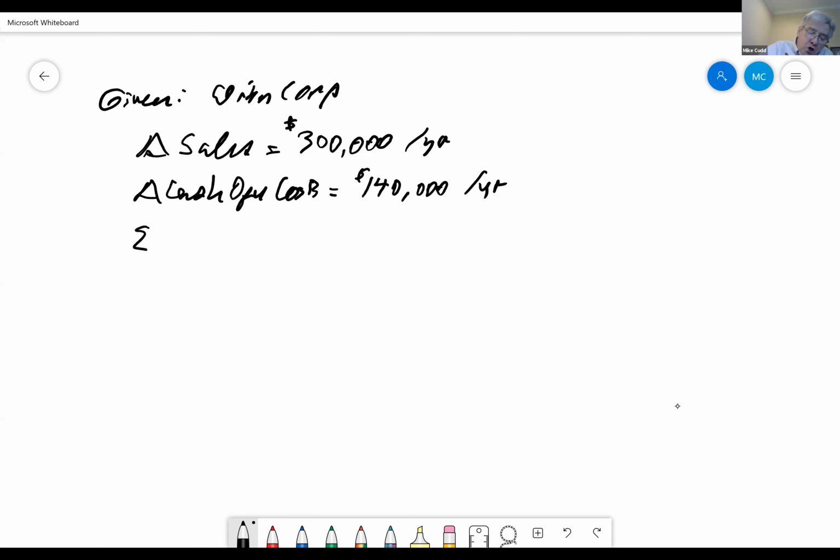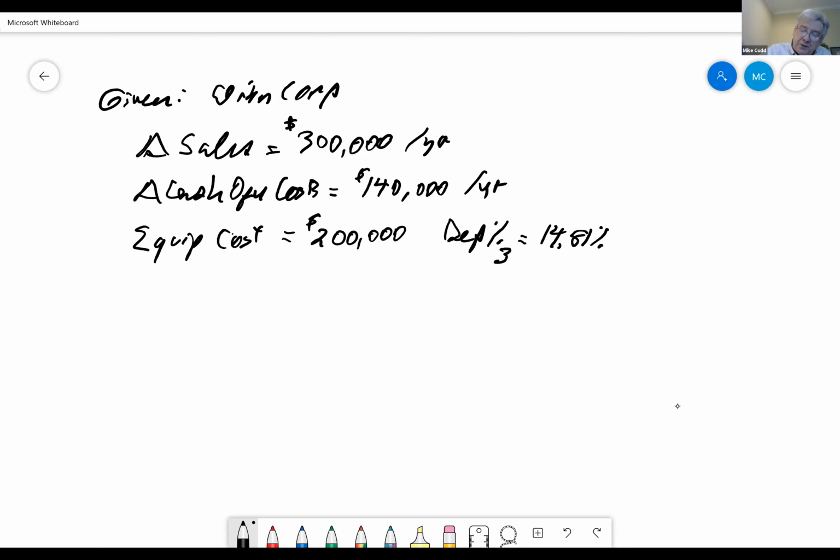The equipment initial cost is $200,000. And the depreciation percentage for year 3 is 14.81%.